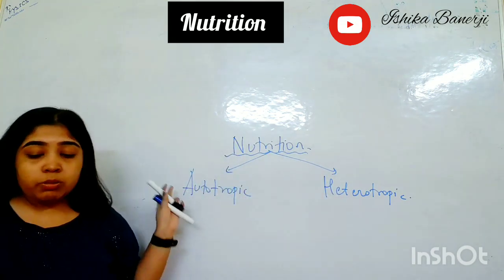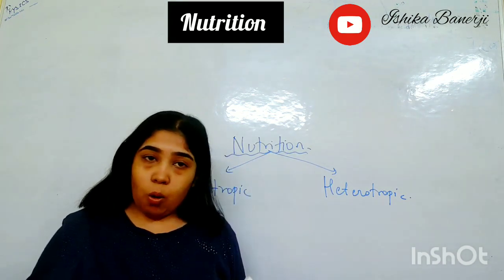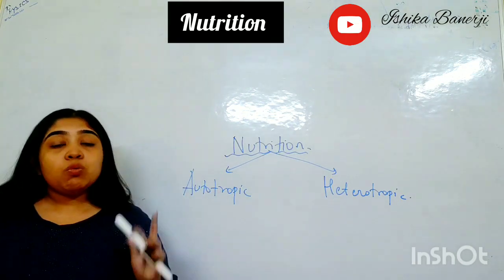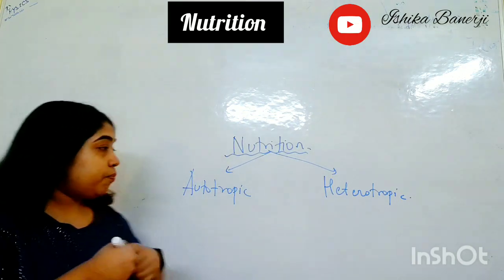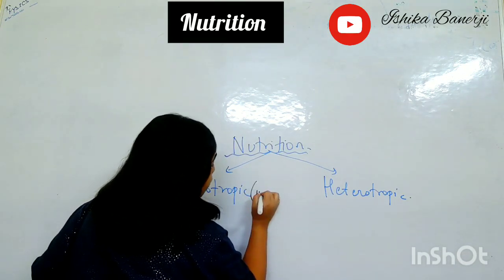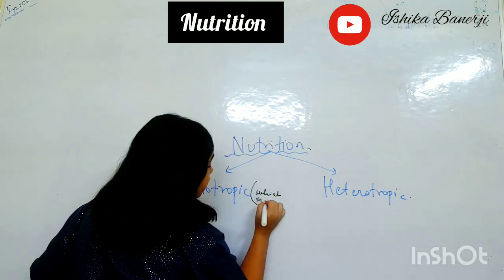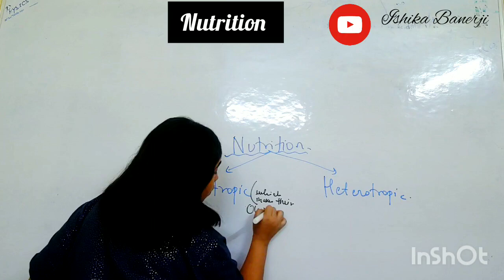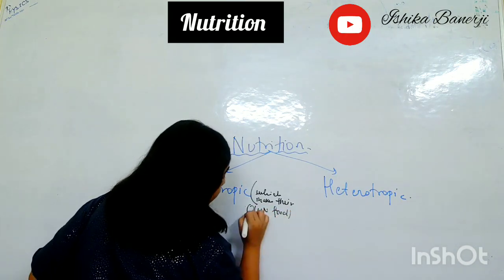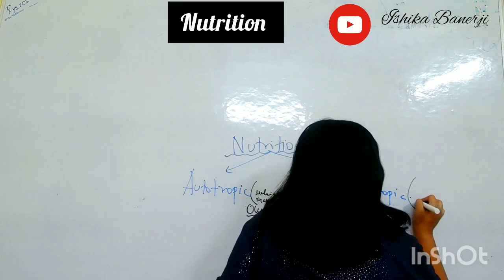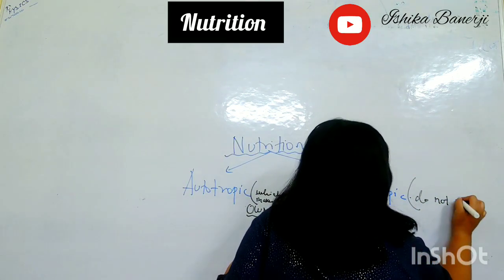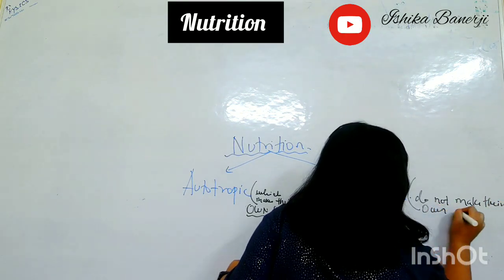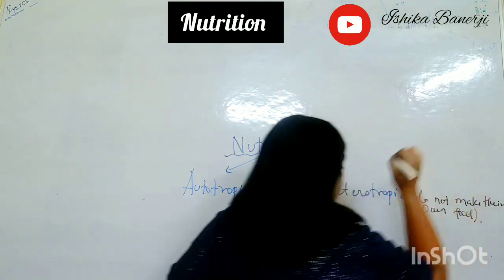So autotrophs are all those who can make their own food. They are not dependent upon anybody. Heterotrophs do not make their own food, because they are dependent on others.